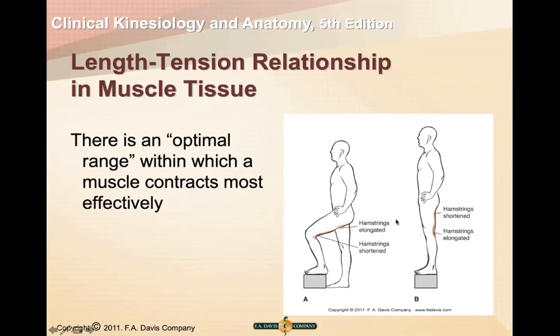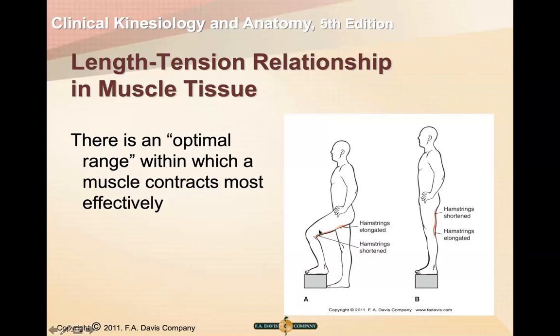Can you visualize that the fibers of the hamstring are elongated around his hip joint because he's stretching them? He's flexing his hip joint up here, which is putting those fibers on stretch. But down at the knee, he's shortening those fibers because he's flexing the knee and shortening that distance.